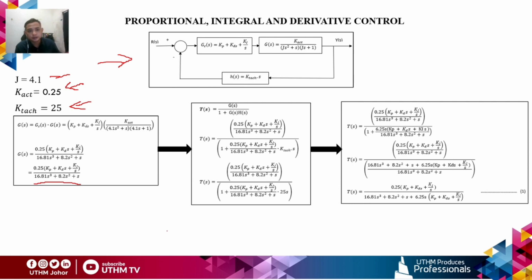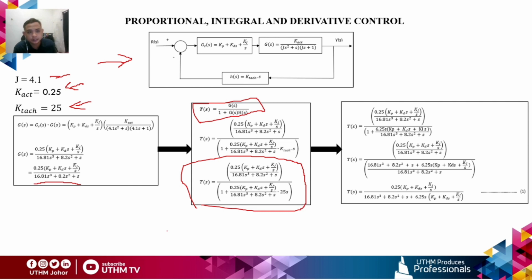Then we substitute the G(s) into the formula, which is G(s) over 1 plus G(s) times H(s).